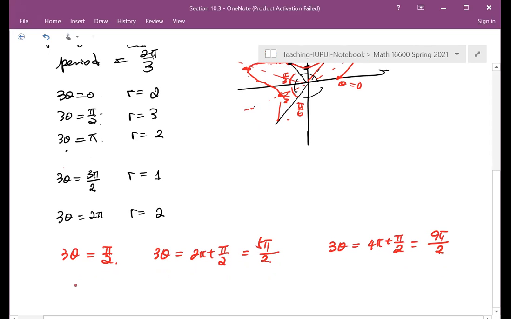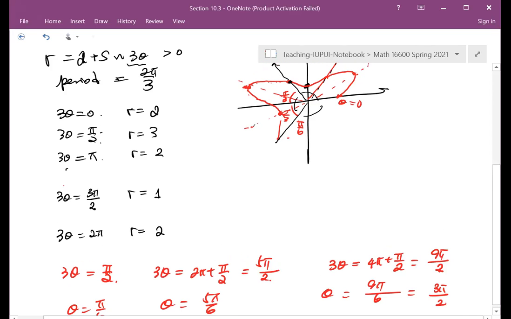So the corresponding theta is pi over 6. The next one is going to be 5 pi over 6, and that's going to be 9 pi over 6. I simplify a little bit. That'll be 3 pi over 2.